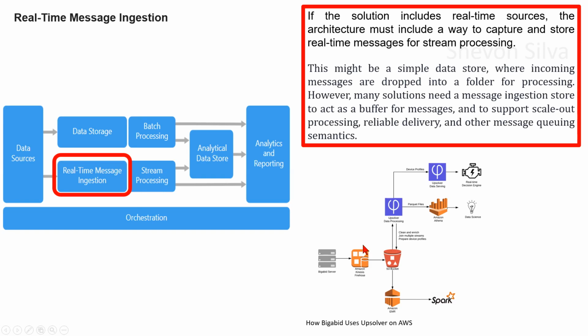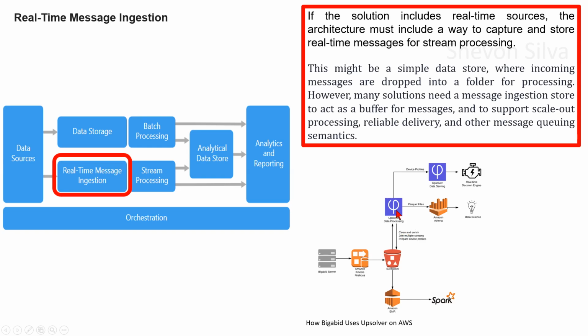Here you can see a Gigabit server. It is connected to Amazon Kinesis Firehose. It is connected to an S3 bucket. It is connected to Amazon EMR. It is connected to Spark. The S3 bucket also interacts with Upsolver data processing through clean and enrich, join multiple streams, prepare device profiles.